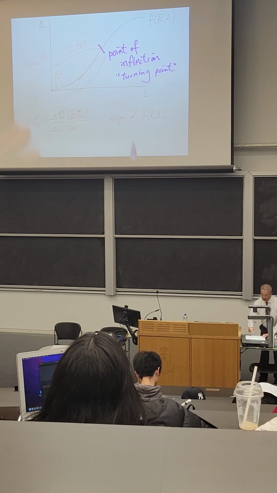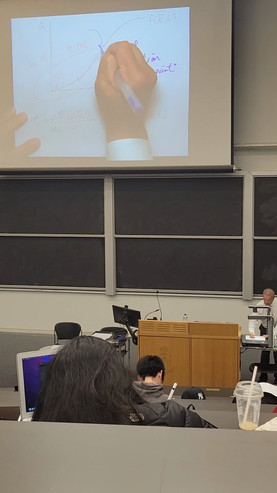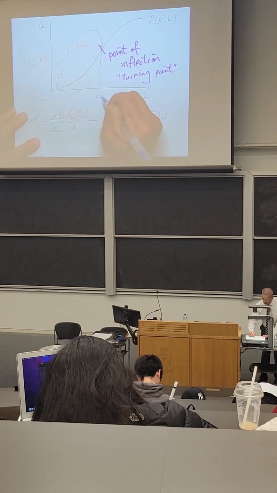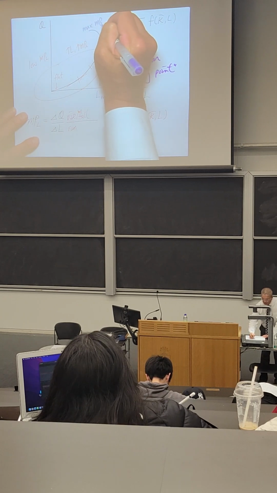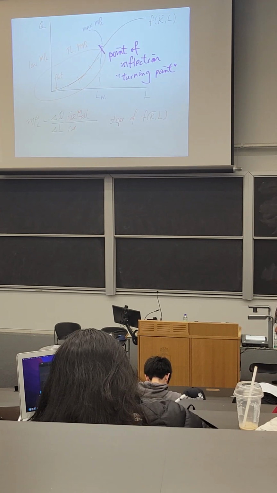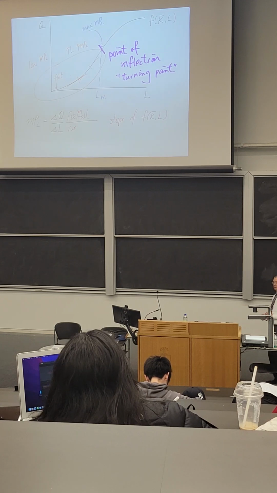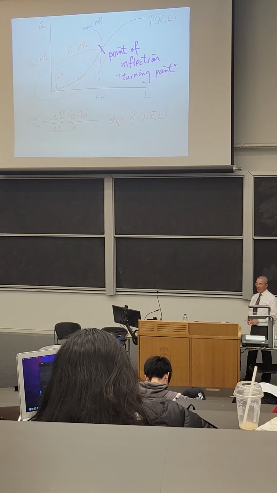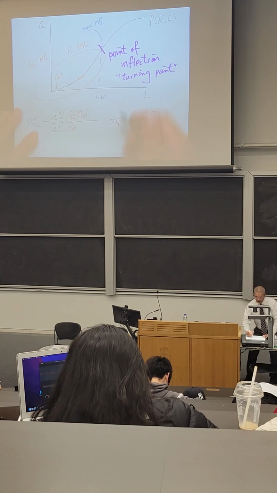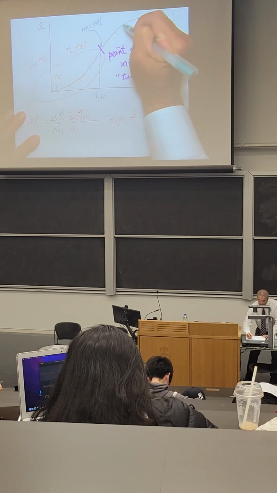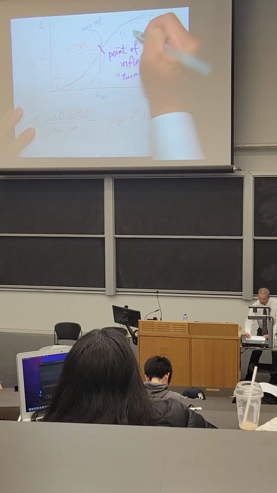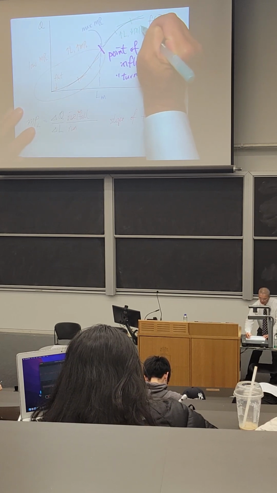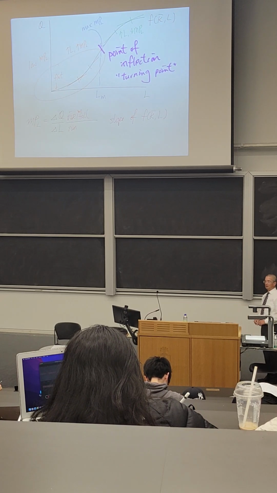That means at this point, with this much labor input, you are getting the maximum marginal product of labor. It keeps on rising, and then it reaches the maximum. After that, everything goes downhill. As you can see, it is now getting flatter and flatter. That means with increasing labor input, marginal product of labor will decline beyond that point.